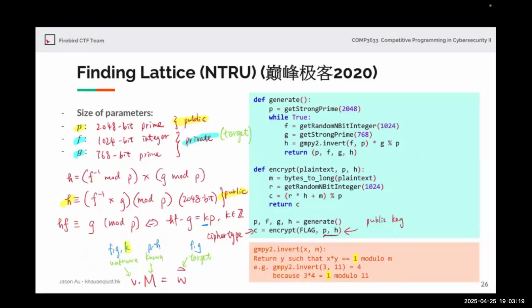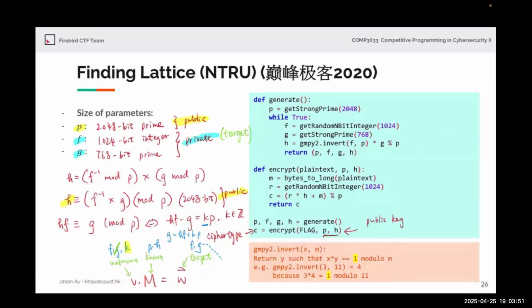G can actually be represented independently, because after changing subject, G equals HF plus KP. So we don't put G here. We put F inside. So we put F and K inside V, and P and H inside M, and the target will give us F and G.